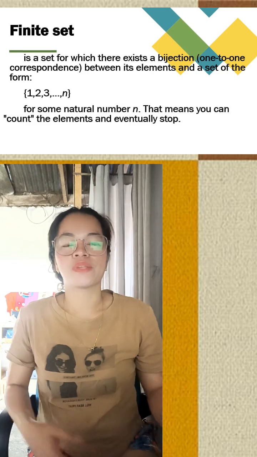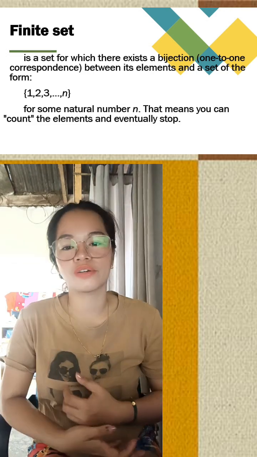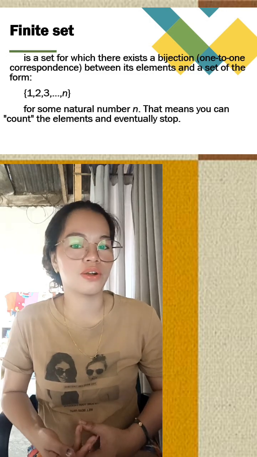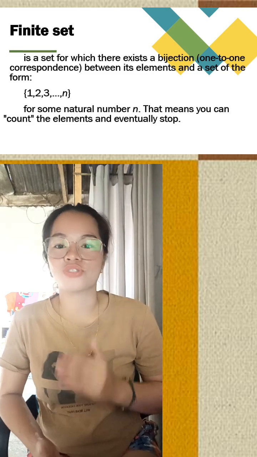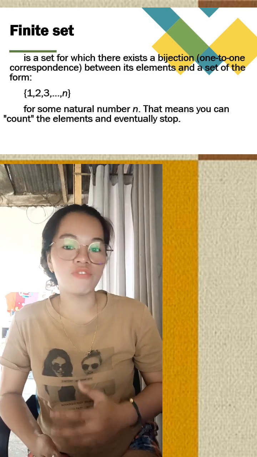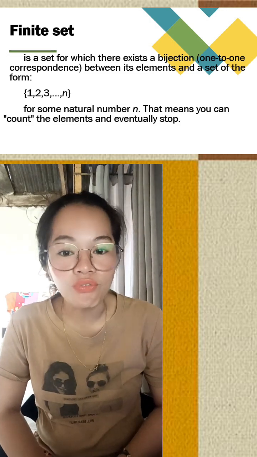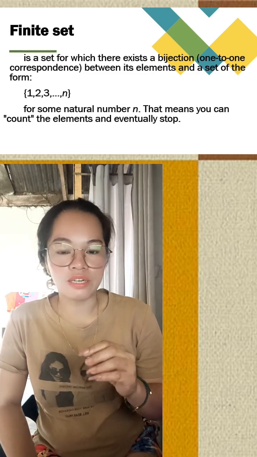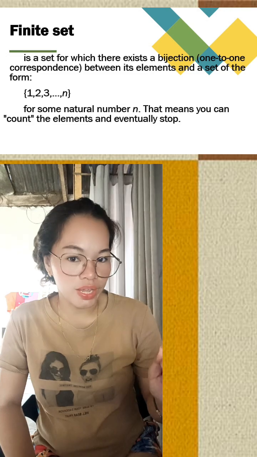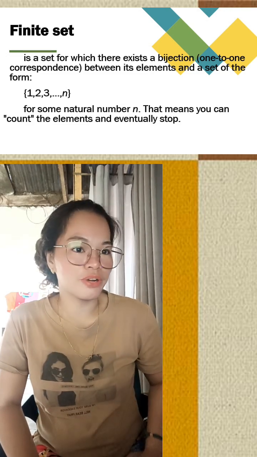When we say finite set, it is a set where there exists a bijection, or one-to-one correspondence. One-to-one correspondence means unique elements in that set, with no repetition of elements, between its elements and a set of the form {1, 2, 3, ..., n} for some natural number n.